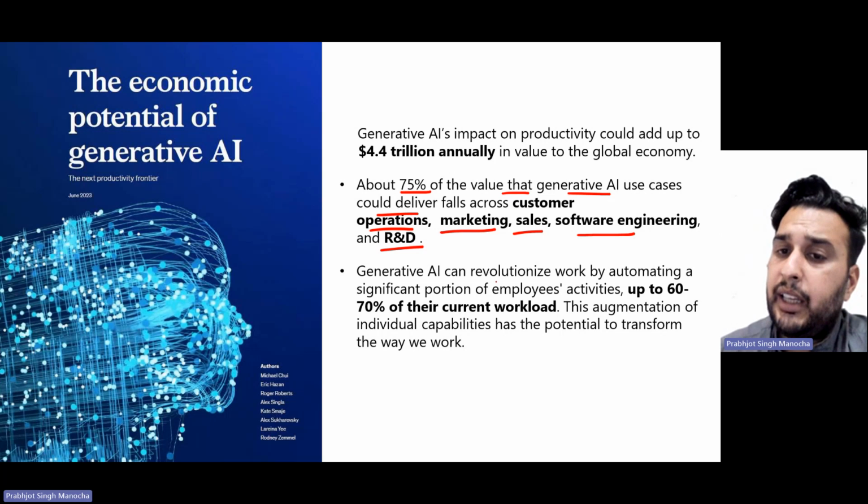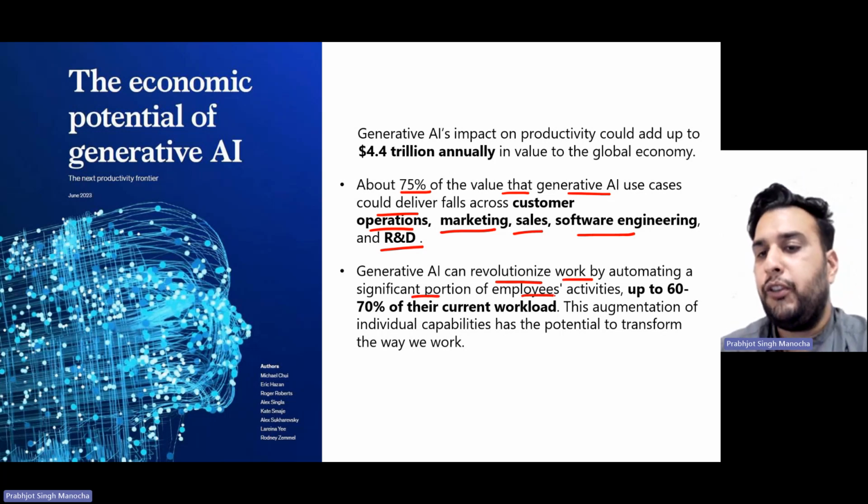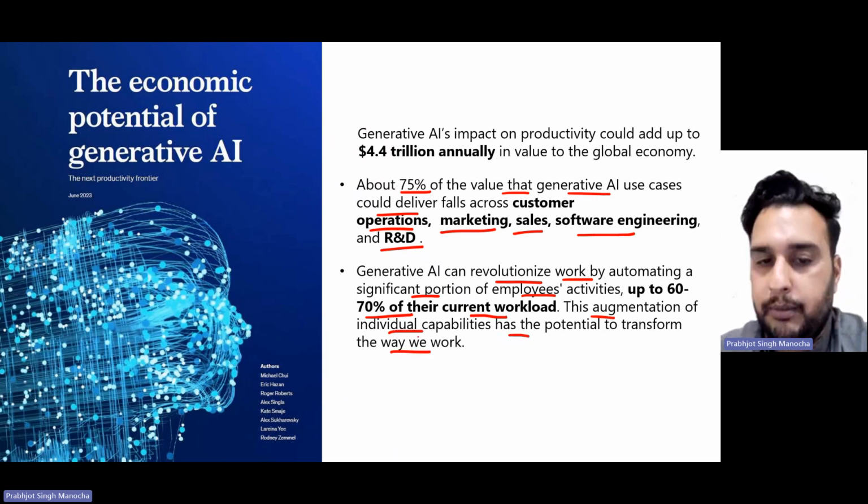Generative AI can revolutionize work by automating a significant portion of employees' activity, up to 60 to 70% of their current workload. And this augmentation of individual capabilities has the potential to transform the way that we work.